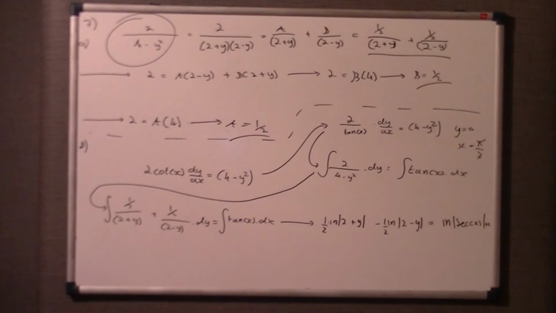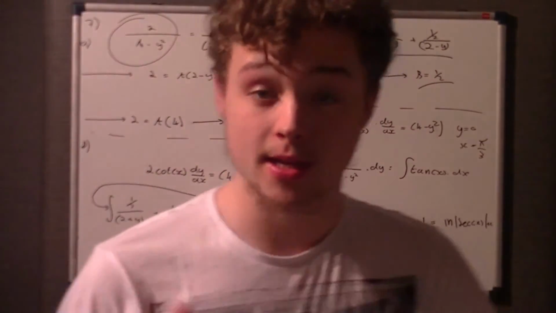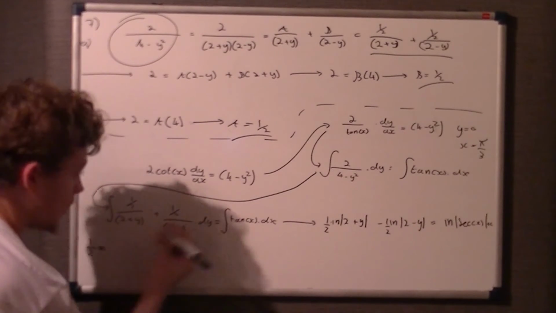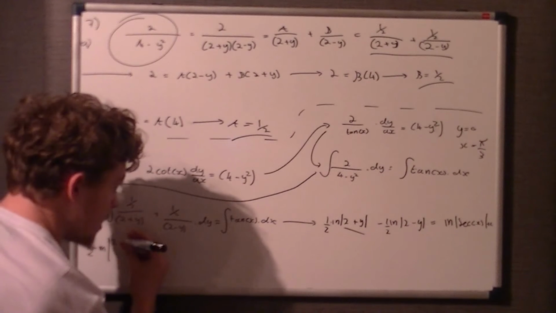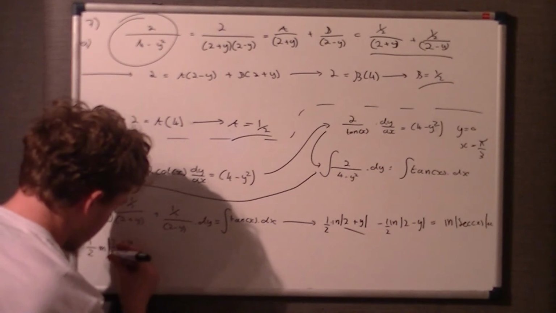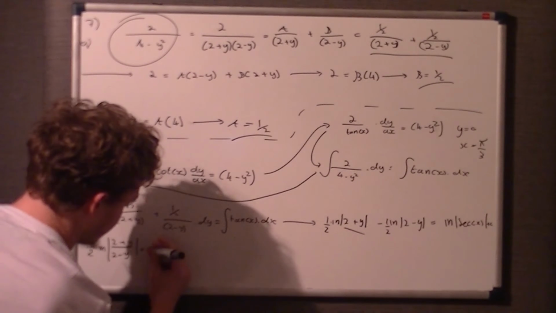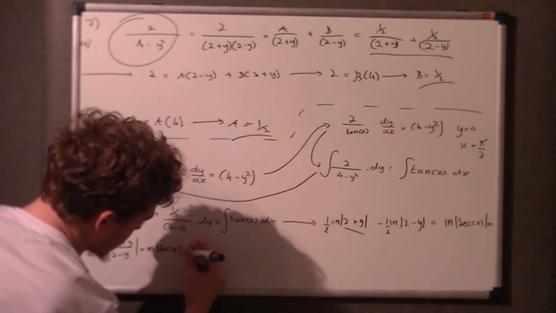Okay, so when you take away ln's, it's the same as dividing them. So what you do is you do half ln and you do 2 plus y over 2 take y. So it's half ln of 2 plus y over 2 take y, and that is equal to ln sec x plus c.